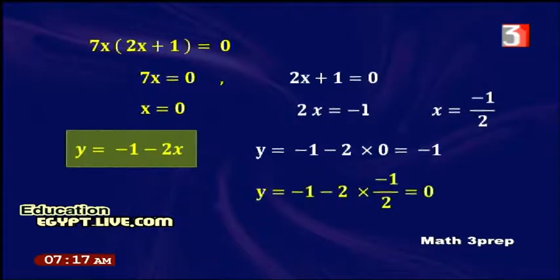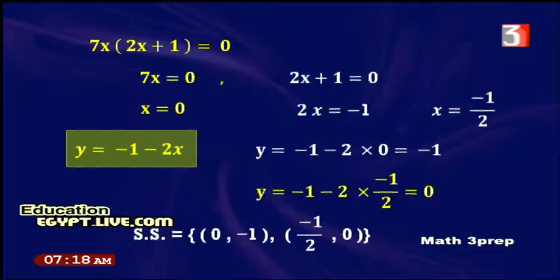By substituting, y equals negative 1 minus 2 times negative half gives a result of 0. So when x equals negative half, y equals 0. What about the solution set? The solution set is when x equals 0, y equals negative 1, and when x equals negative half, y equals 0.